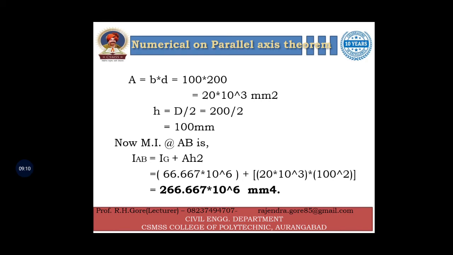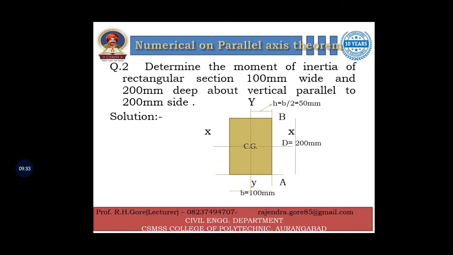But in this case, AB line is parallel to XX axis, so Ig is Ixx. 66.667 into 10 to the power 6 plus 20 into 10 to the power 3 into 100 square. So moment of inertia about AB is 266.667 into 10 to the power 6 mm power 4.